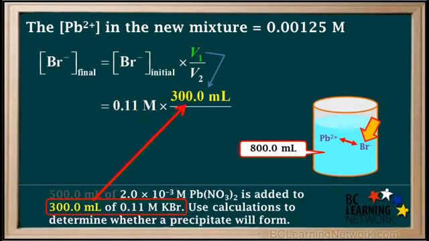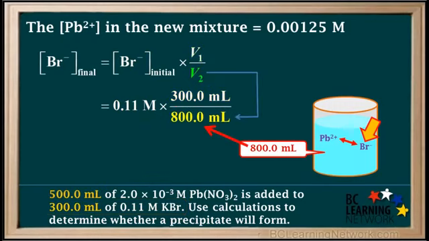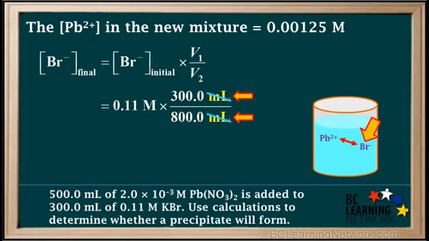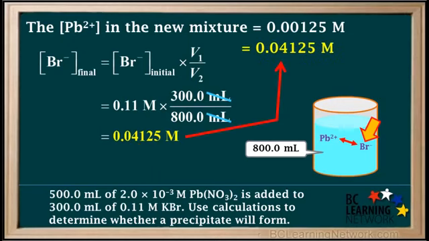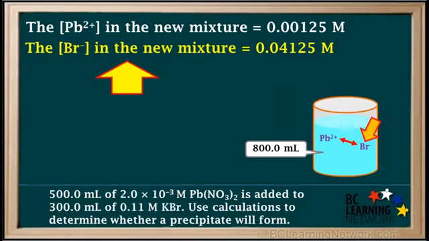The initial volume of the original KBr solution V1 was 300 milliliters, and the final volume V2 is the total volume of the new mixture, 800 milliliters. Again, the milliliters can be cancelled out, and 0.11 times 300 over 800 is equal to 0.04125 molar. We'll leave this unrounded until the end of the calculations. And we'll make a note up here that 0.04125 molar is the concentration of Br- in the new mixture.